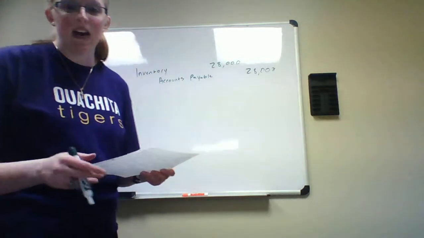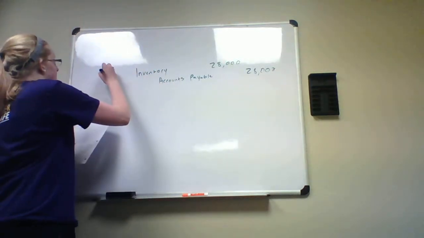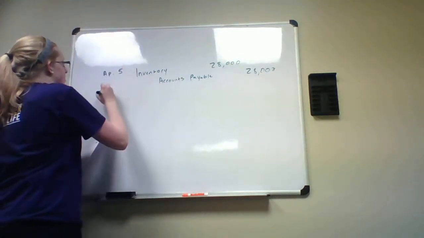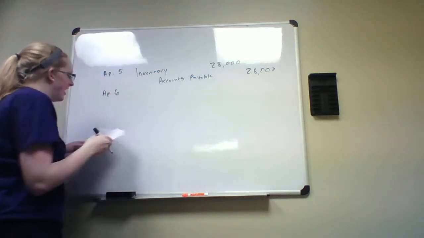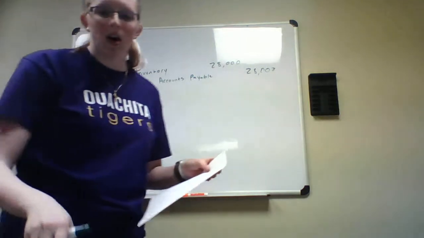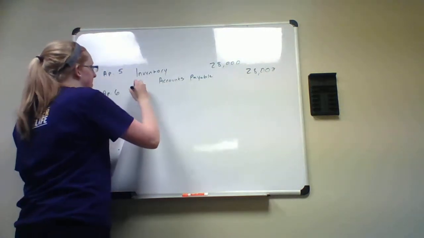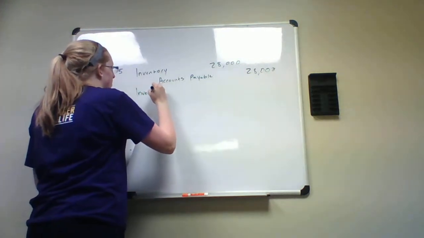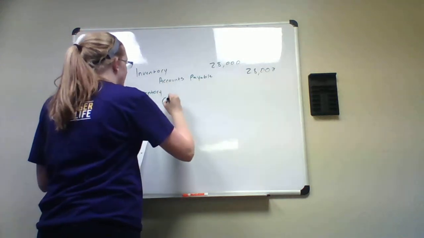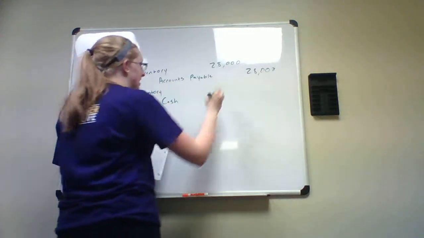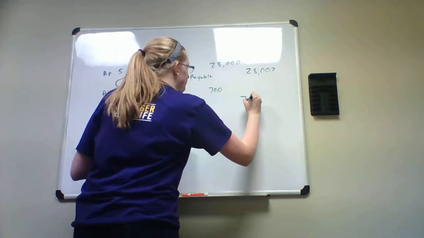So on April 6th, it says $700 freight cost, and that just means shipping. We're going to debit inventory again, and credit cash for our $700.